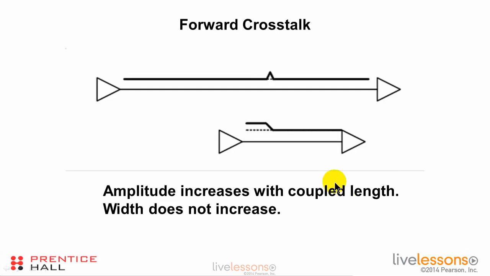And here we have an animation of a forward crosstalk signal. We have a signal that is propagating down this trace. It's coupling into the other line. And when this starts down again, right now, we have the signal that is propagating down the trace. It's coupling in at a point on the trace. As the signal continues to propagate, it continues to couple into the trace.